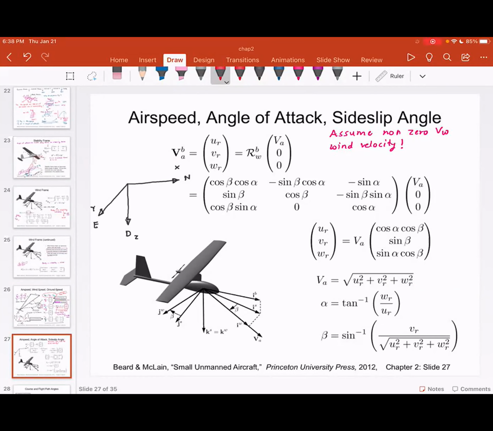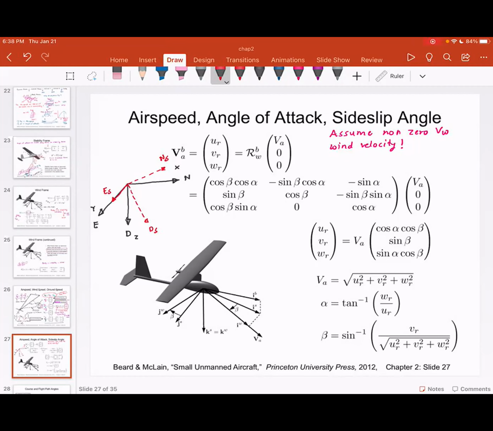With that angle of attack, you are going to change the orientation, maybe something like this. So this gives you the stability frame. So I'm going to say north stability, down stability, and east stability is aligned with east.